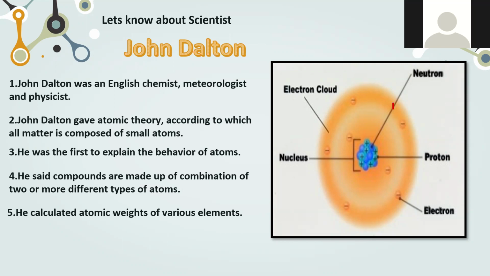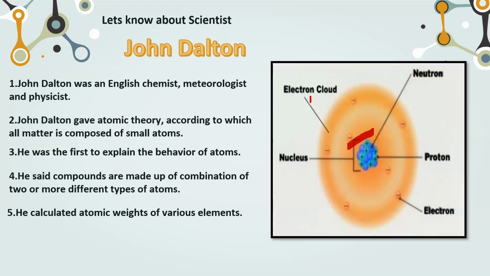Neutrons are chargeless particles, only contributing to the weight of the atom. Combined, they are called the nucleus, the center of the atom. He said that around the nucleus there is a cloud of electrons, revolving in different orbits, which are called shells. So this is all about John Dalton.